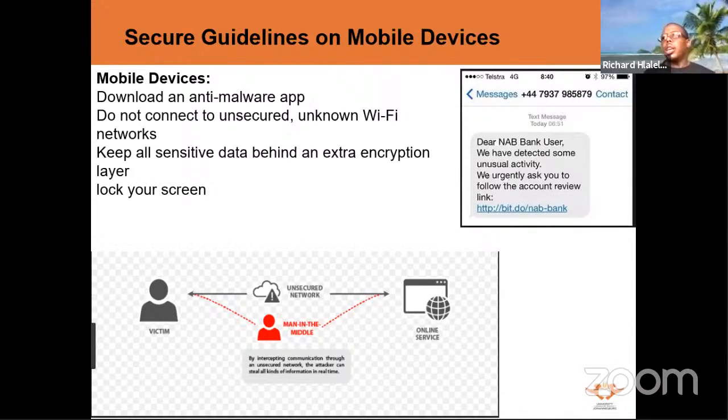And then information that resides on your phone. We just need to make sure that there's an extra layer of encryption to make sure that the information is secured, and other applications that are installed on the same device don't have access to that particular information. Most of the phones, like your Samsung, will have secure folders.